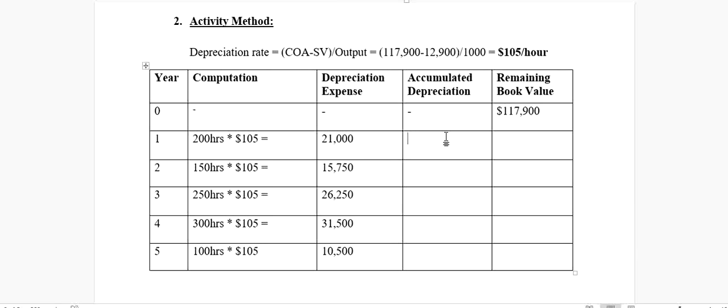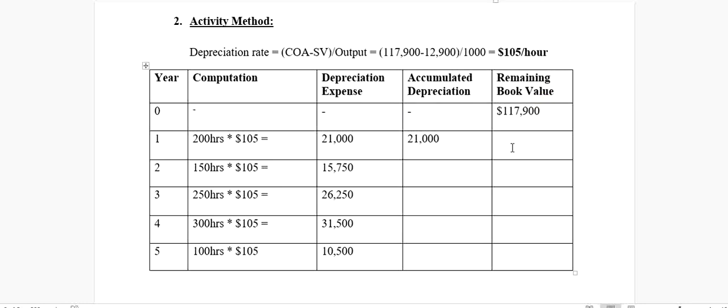Now, accumulated depreciation. Accumulated depreciation represents the total amount of depreciation that has occurred till today. Today it's the end of the first year, so whatever is my current depreciation will actually be my accumulated depreciation also. Then I will subtract this 21,000 from the book value, which was at the start of the year.